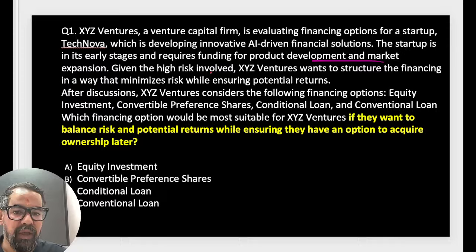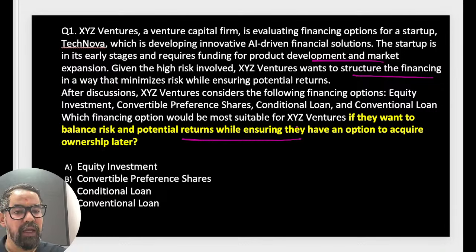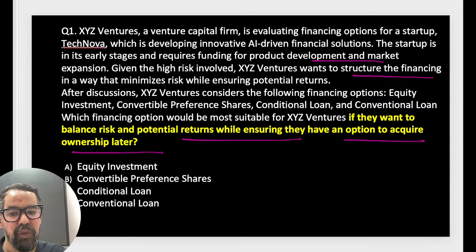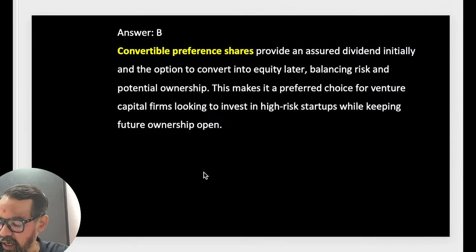Given the high risk involved, XYZ venture wants to structure the financing so that it balances risk and potential return, while having an option to acquire ownership later. Which one will be the best fit here? Convertible preference share. So option B will be the right answer without any doubt. Very good, well done guys.